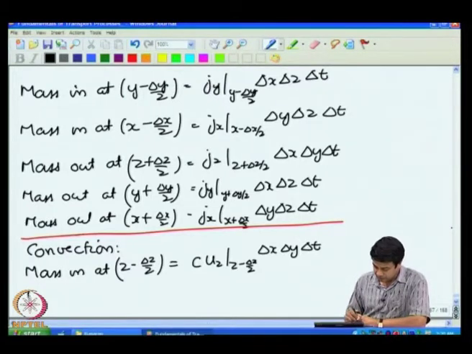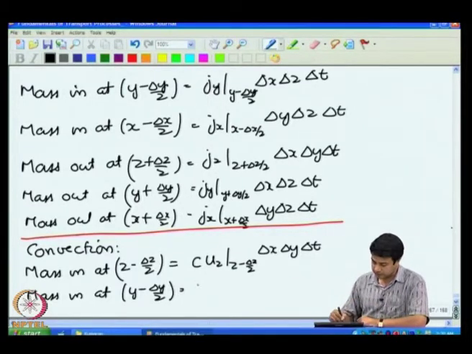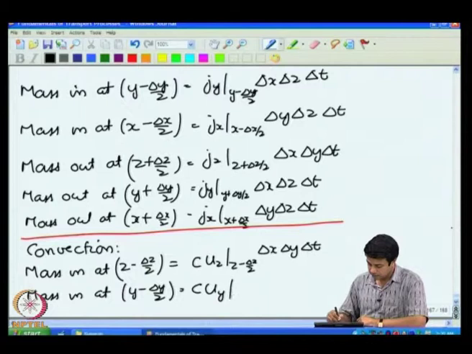Similarly, one will have mass in at y minus delta y by 2. In this case, one has to take the velocity component perpendicular to the surface at y minus delta y by 2, which is the velocity in the y direction. So, this is equal to c u y.